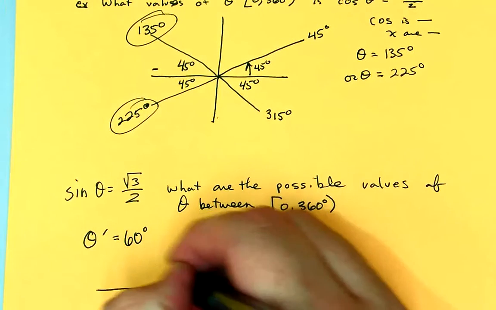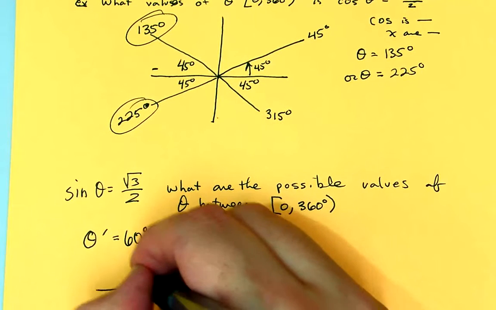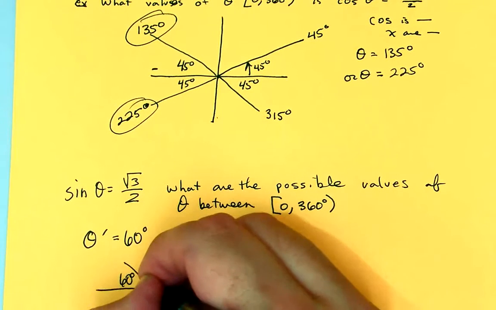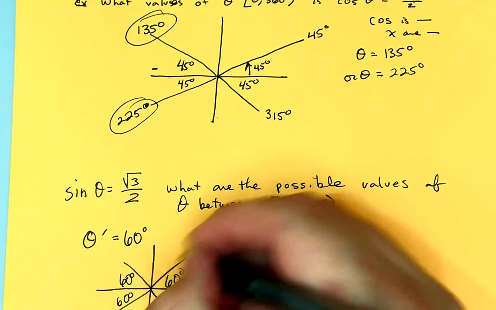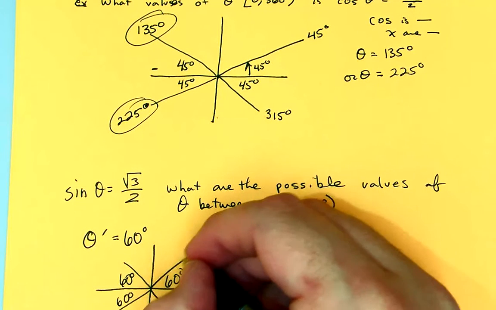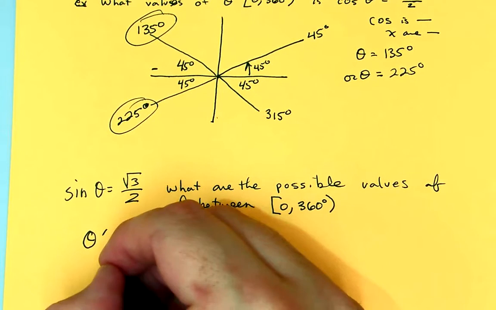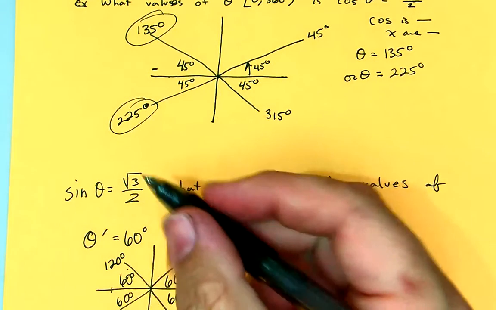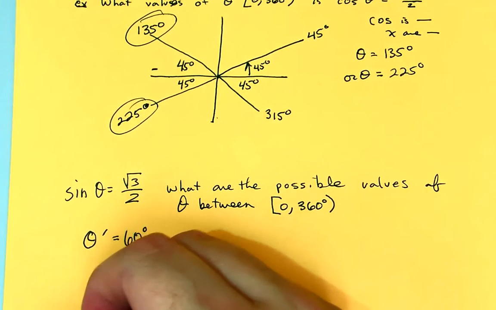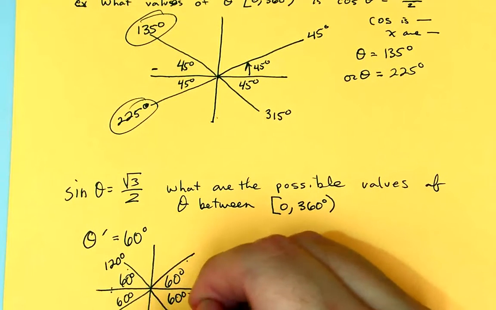So I can build my references again, where that's 60 degrees, that's 60 degrees, that's 60 degrees, and that's 60 degrees. So I know there's 60 degrees there. That's 180 minus 60, so that's 120 degrees. 180 plus 60, that's 240 degrees. And 360 minus 60 is 300 degrees.